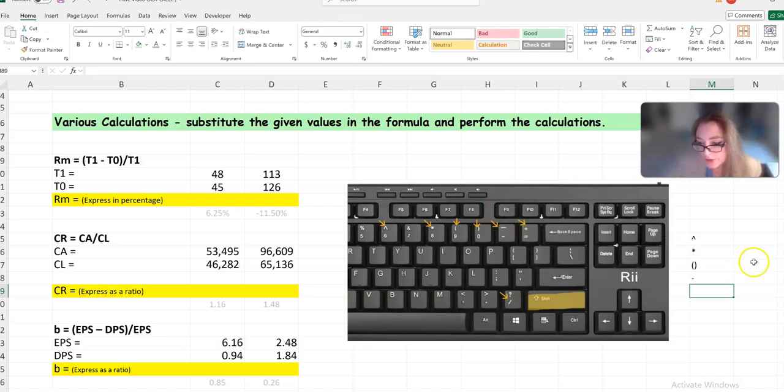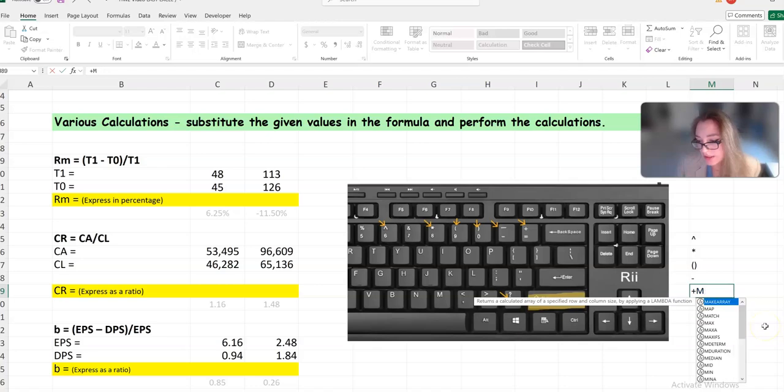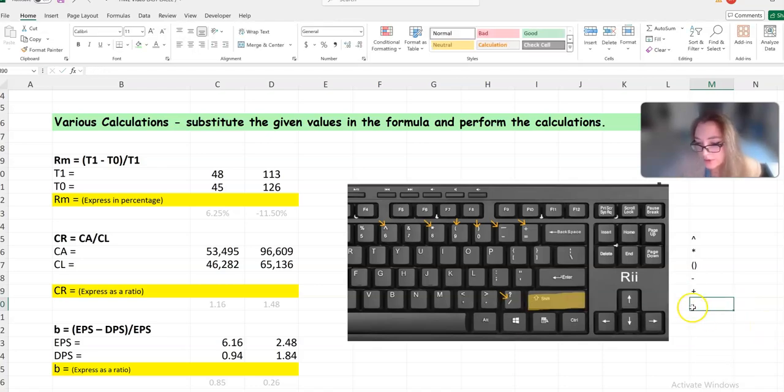For plus, we do need Shift, so press Shift plus. For the equal sign, no need to press Shift, just press the equal sign. And for division, we also do not need Shift, just press divide.